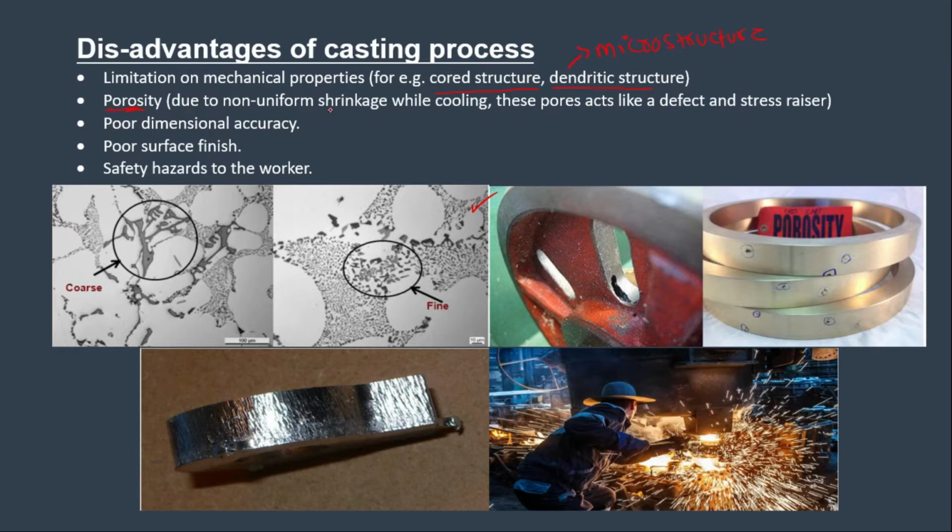The second one is porosity. Due to non-uniform shrinkage while cooling, these pores act like defects and stress raisers. What happens when you have a mold cavity and you pour molten metal into it and allow it to solidify is that it starts to shrink non-uniformly. Because of that shrinkage, we have some air trapped here or here or here.